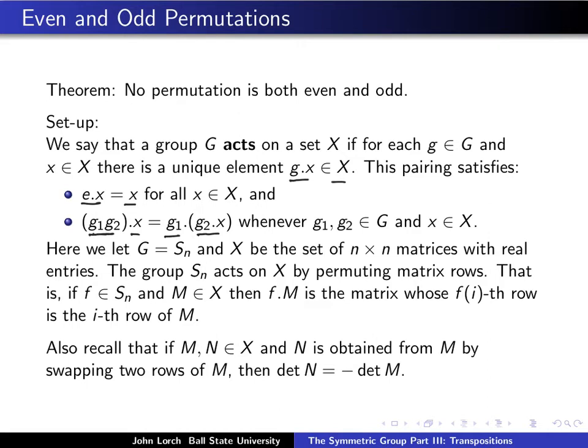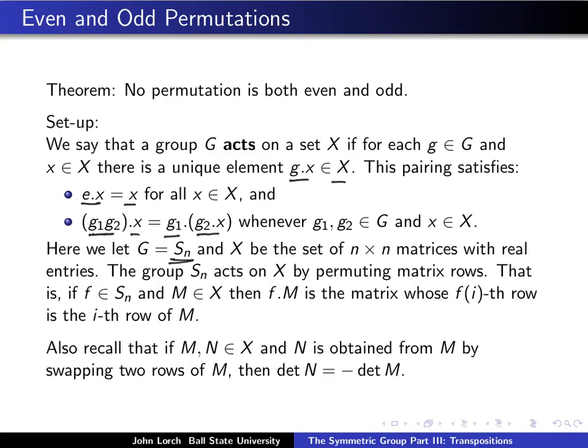So here we're going to look at a specific group action. We're going to look at the group being our symmetric group, Sn, which is what we've been focusing on. And X now for us is going to be the set of n by n matrices with real entries. And this symmetric group, Sn, can act on this set of matrices X by permuting the rows of the matrix.